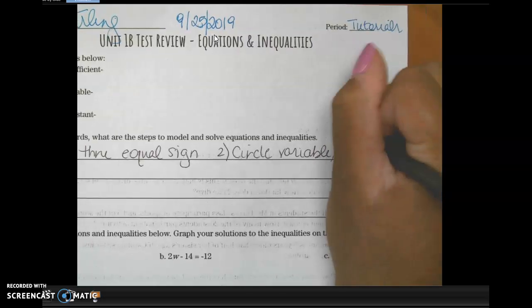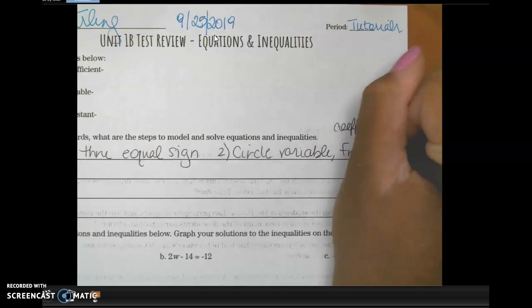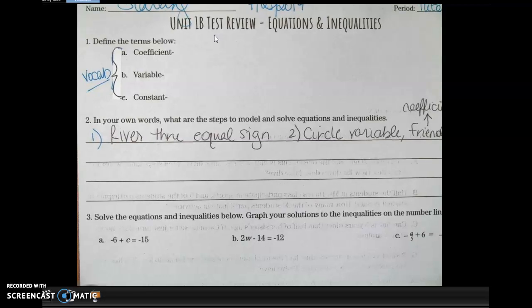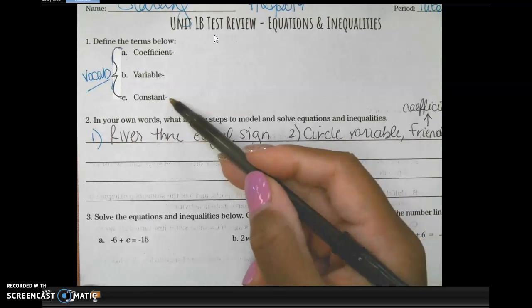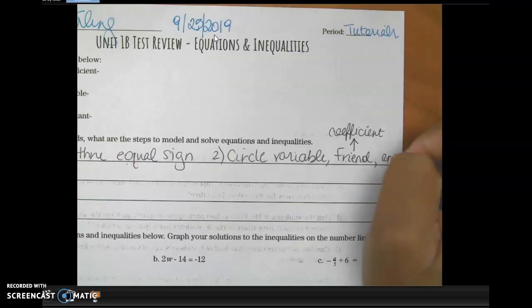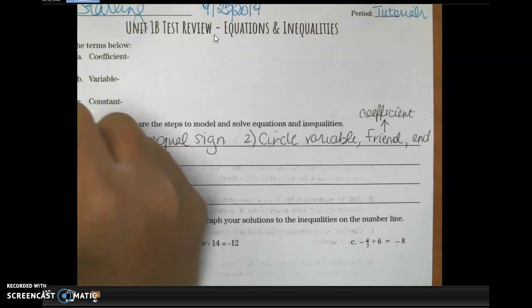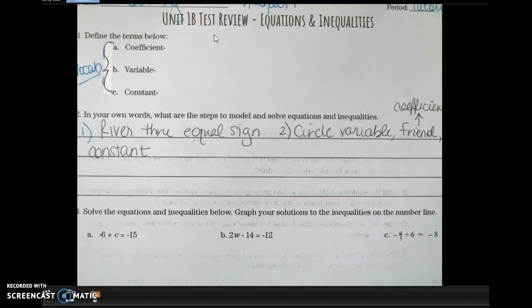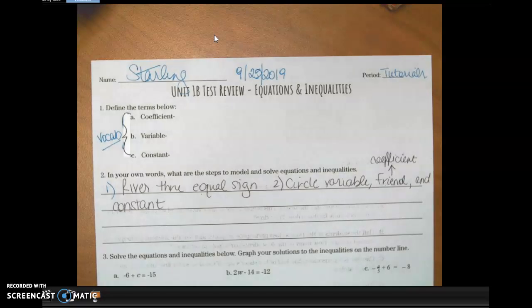Coefficient. Then circle the constant. Okay? Now, what do I do after I circle the variable, its friend, and the constant?